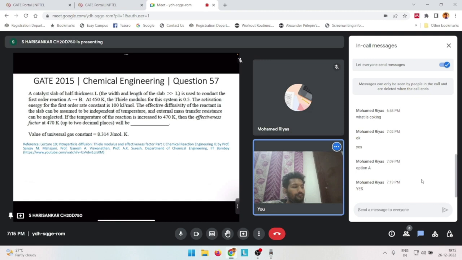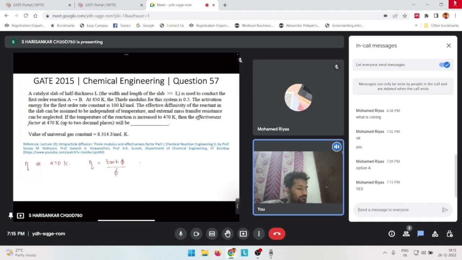So in this question, our main objective is to find the internal effectiveness factor, which you can represent as eta at 470 Kelvin. And this internal effectiveness factor can be found by using the formula tanh phi by phi.